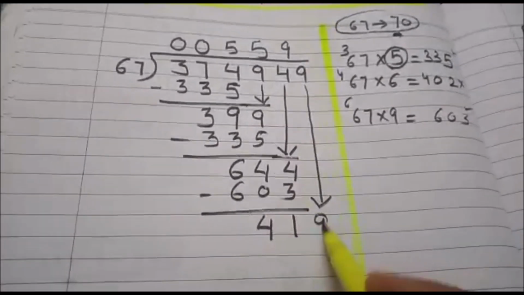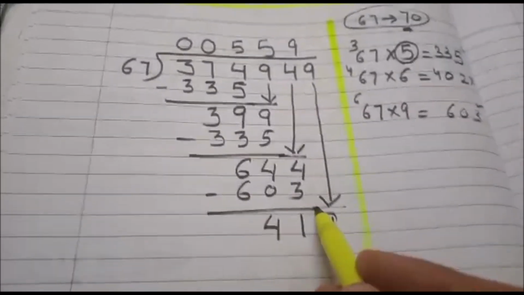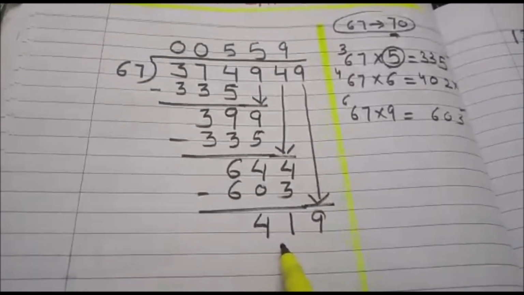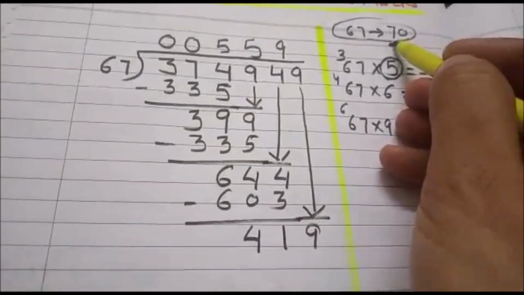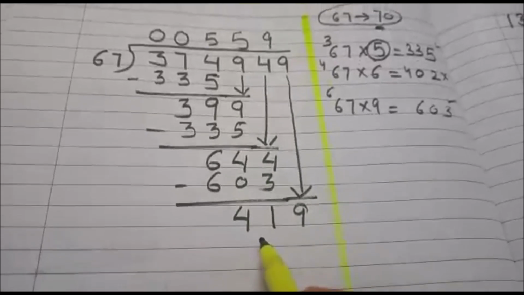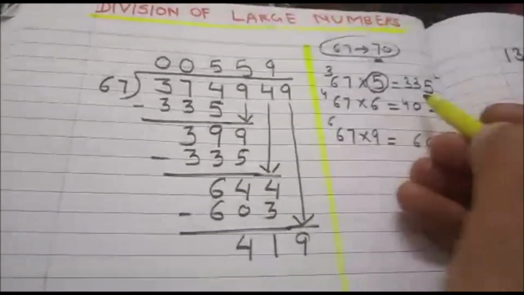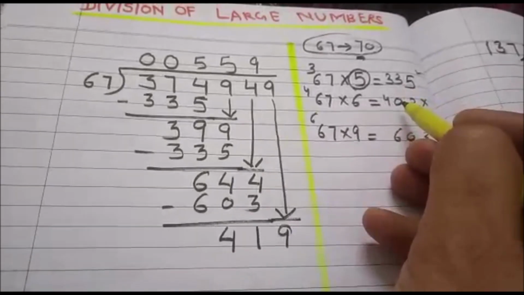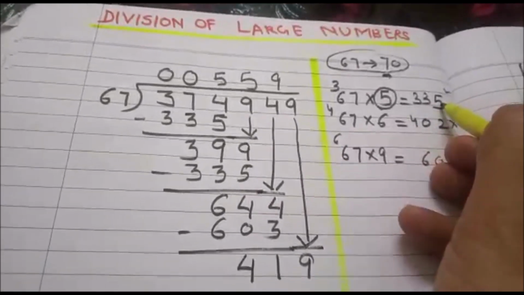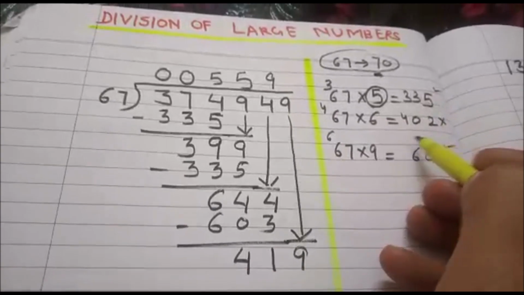Take down 9 and just again do the guess method. Count the table of 7 till 41. 7 5s are 35 and 7 6s are 42. Both of these numbers we have done here. So again we will go for 6.